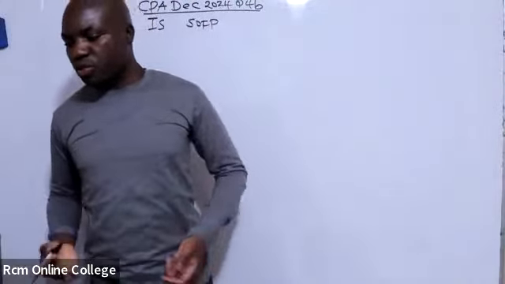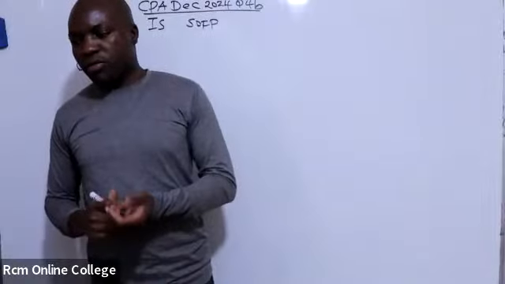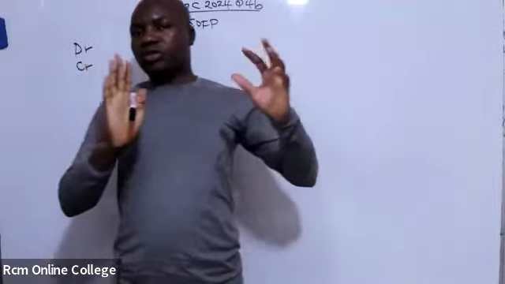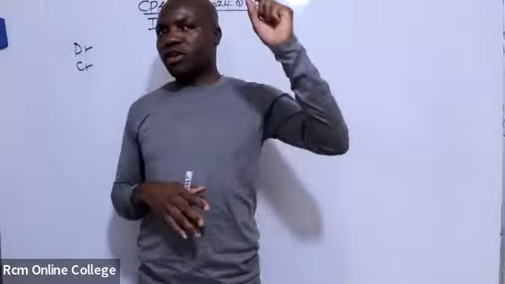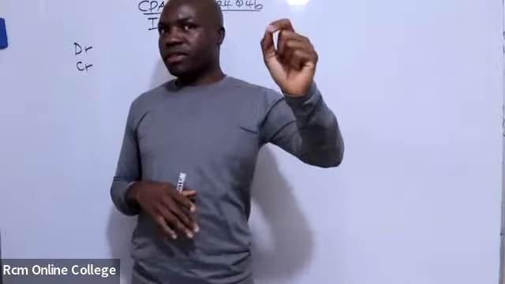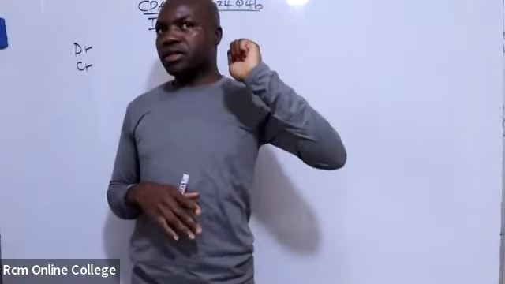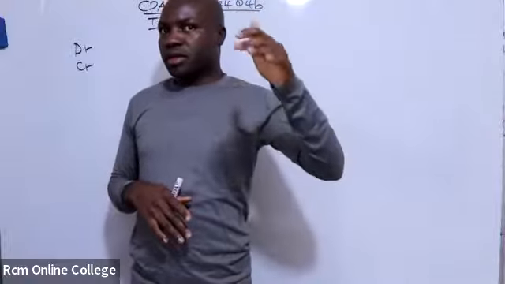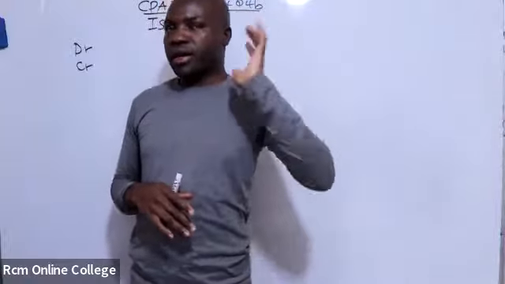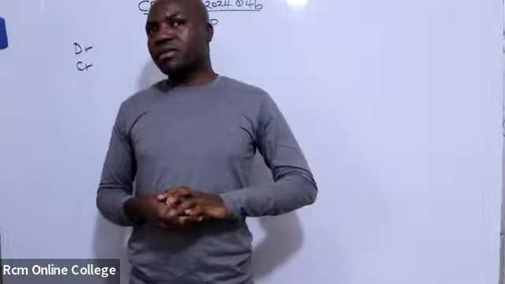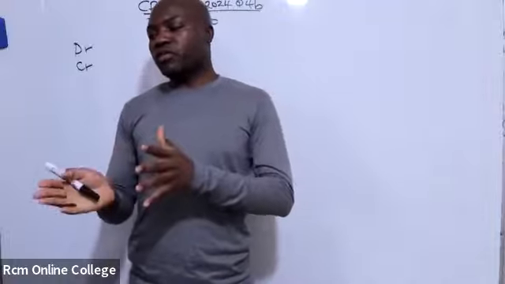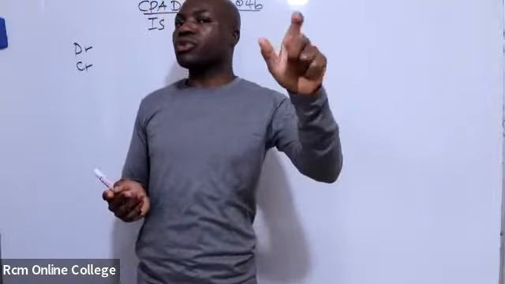What do we normally do with the closing inventory in the income statement? Somebody should talk to me. When you prepare statement of profit or loss, you normally say opening stock, add purchases, add carriage inward, right? Then less return outwards to get cost of goods available for sale. Then we less closing stock.